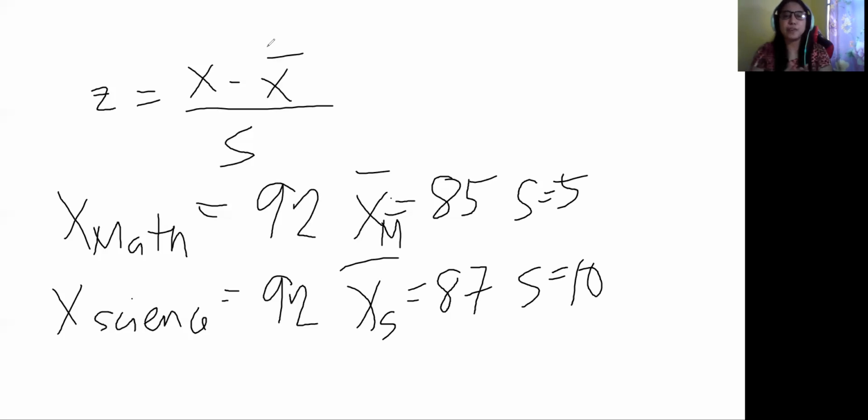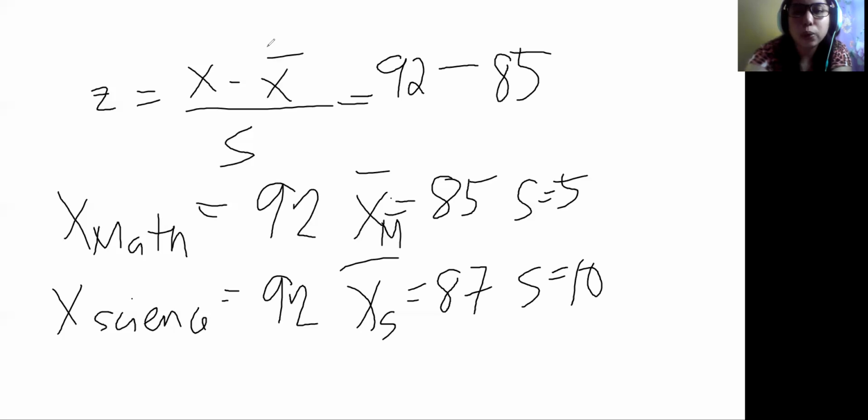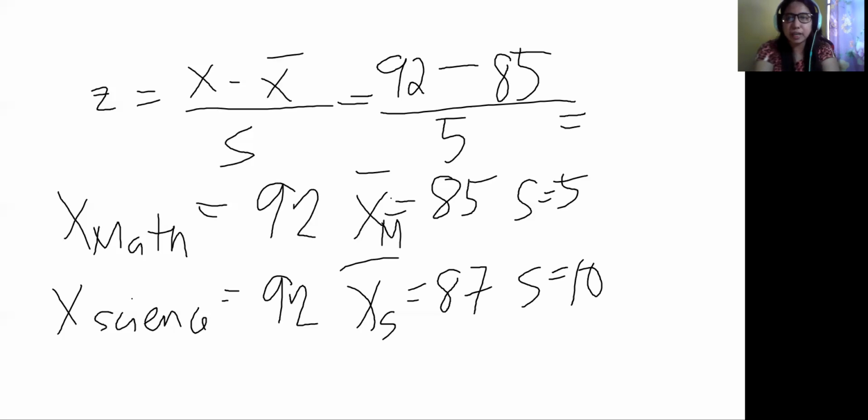So let us convert 92 using our formula. Okay, first, let us compute for math. Using the mathematics score, it is 92 minus the mean, 85, all over the standard deviation equal to 5. So let us compute for that using our calculator here.